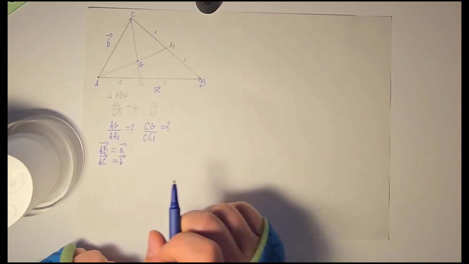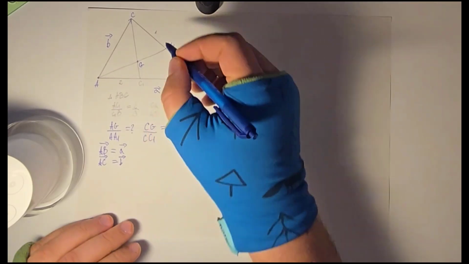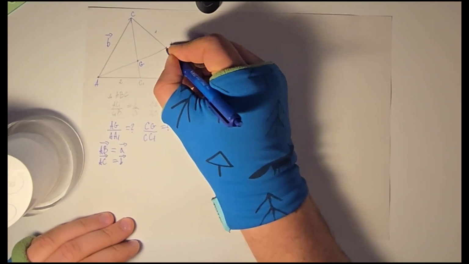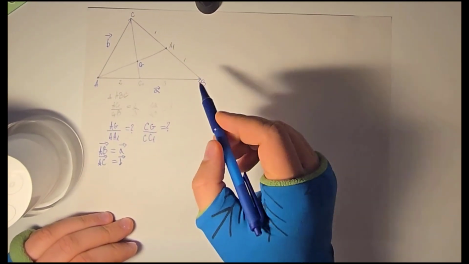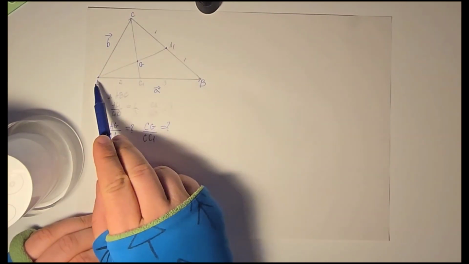Okay, so what can we say about AA1? Well, AA1 is this one. So how can we express it with a and b?